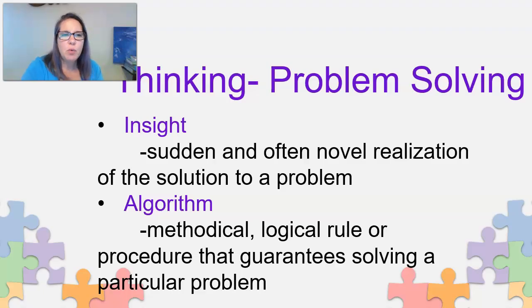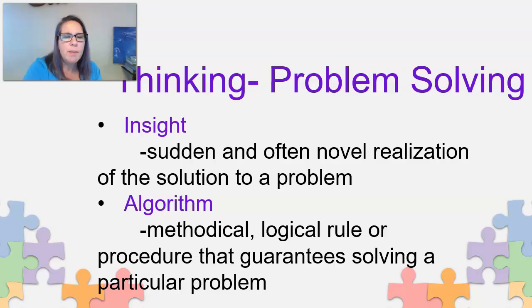There are a lot of different ways that we problem solve. The first one is insight, and this is just like a light bulb moment. This is when we suddenly get the realization or get the answer to our problem. Maybe we're not even thinking about it and it just sort of comes to us, like in the shower that morning.